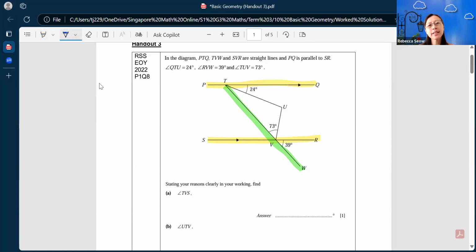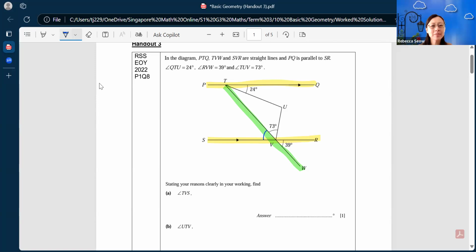Clearly, in your working, find angle TVS. So TVS will be this angle over here. Notice that this particular angle is between two straight lines, and vertically opposite to it is 39 degrees.